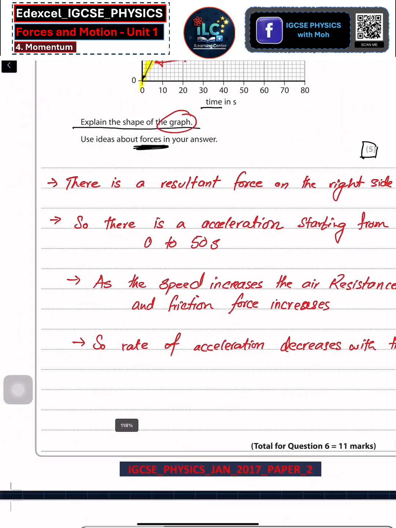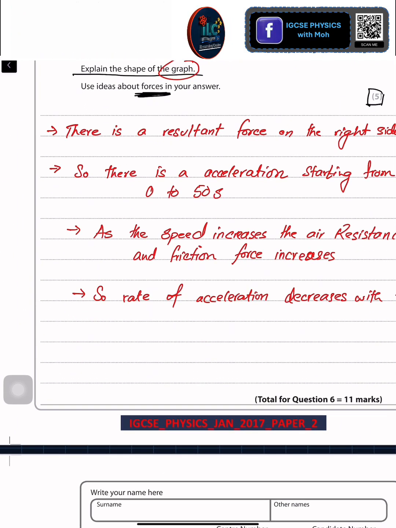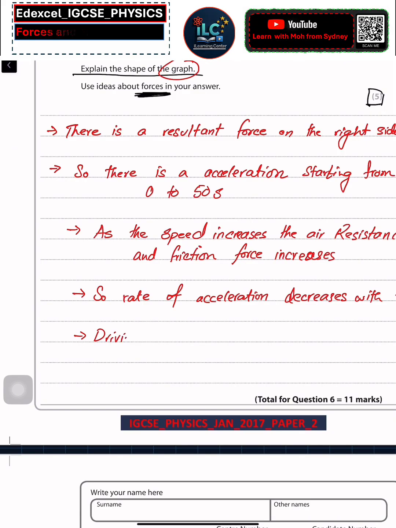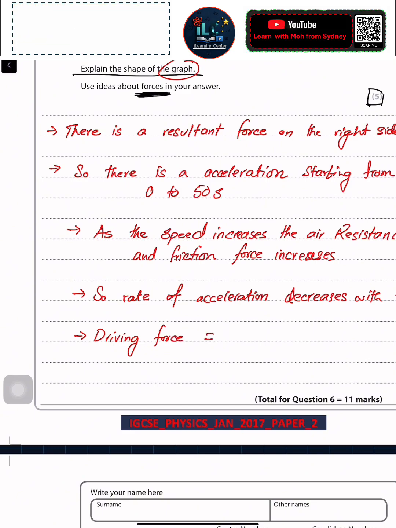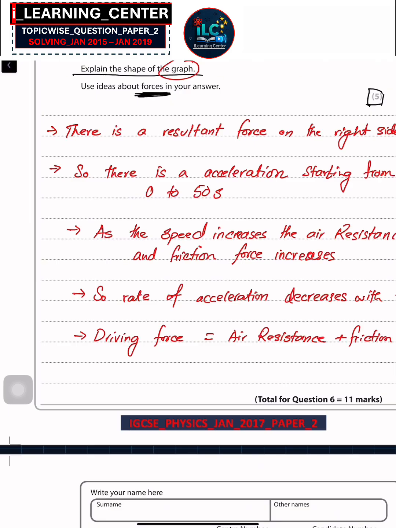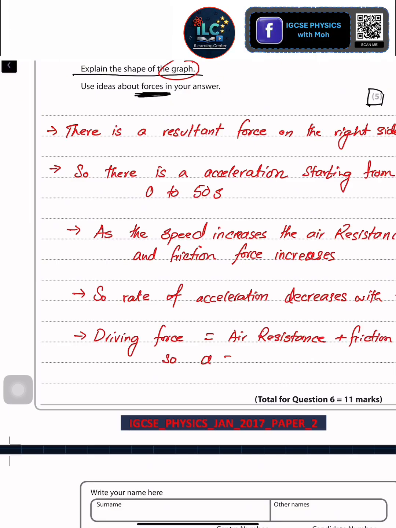Okay, then next we're gonna include that. Okay, what's happening then? So driving force equal to air resistance plus friction. So acceleration equals 0.